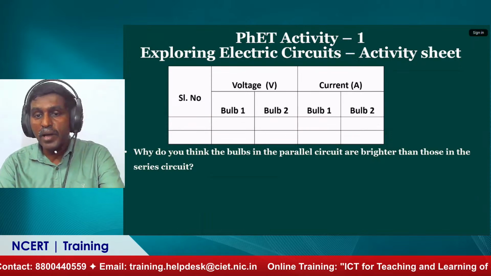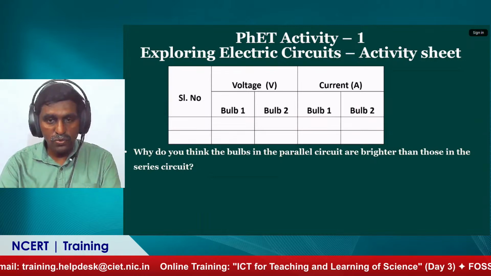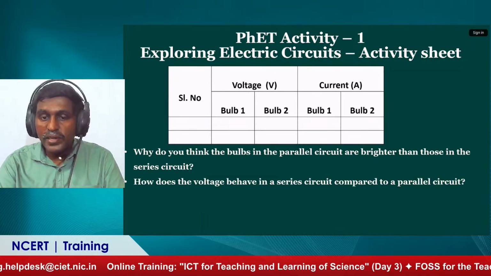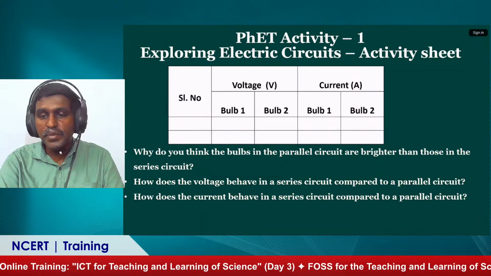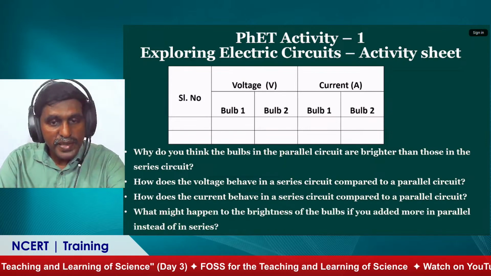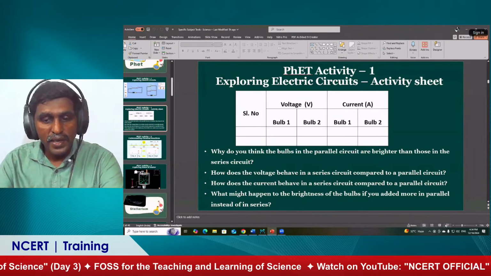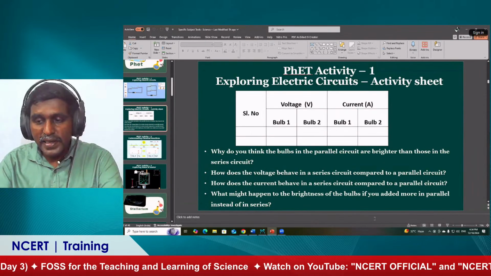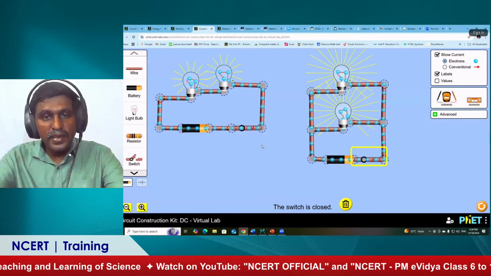Why do you think the bulbs in the parallel circuit are brighter than those in the series circuit? How does the voltage behave in a series circuit compared to a parallel circuit? How does the current behave in a series circuit compared to a parallel circuit? If I ask such questions and give this worksheet to the students, then automatically they will answer and inquire into this.